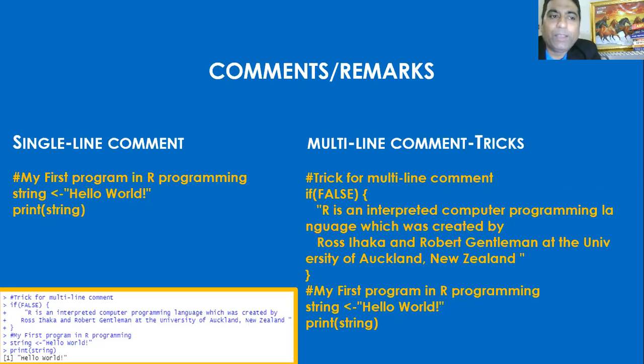So what will happen after execution? See, the first line, which is my first program in R program, will not be executed. In other words, I can say it will be executed, but there will not be any output because the hash sign has been used before the statement, before the remark. So this is called comments or remarks.